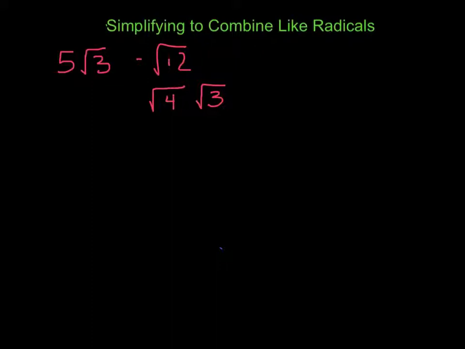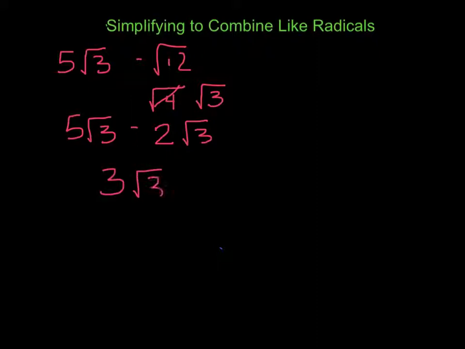Well, you can simplify radical 4, that's 2, so you have 2 radical 3. And what you started out with, you were subtracting. So now you have 5 radical 3 minus 2 radical 3, which when you combine those, you get 3 radical 3.